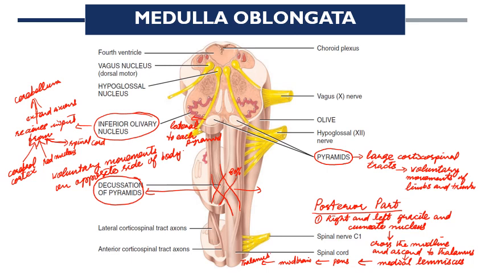In addition to all these features, the nuclei of the ninth, 10th, 11th, and 12th cranial nerves are also located in the medulla oblongata.